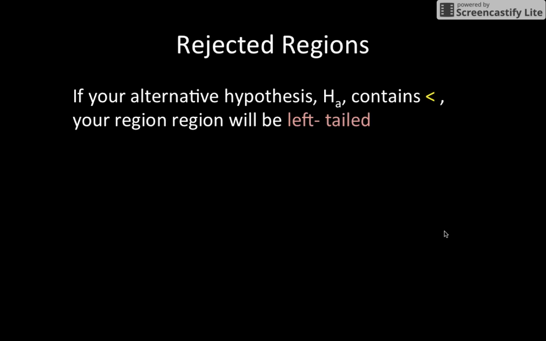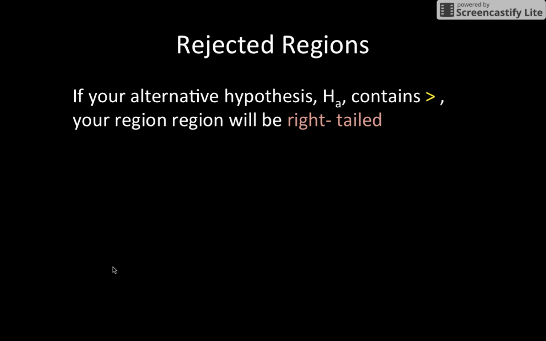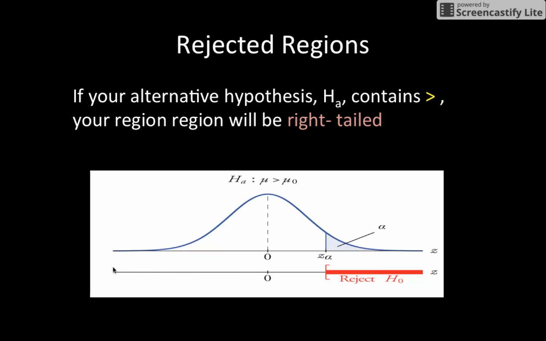Your rejected regions. If your alternative hypothesis, H sub A, contains less than, your region will be left-tailed. So your left tail is going to be towards your left side, and it's what is rejected. If H sub A contains a greater than, your region will be right-tailed.